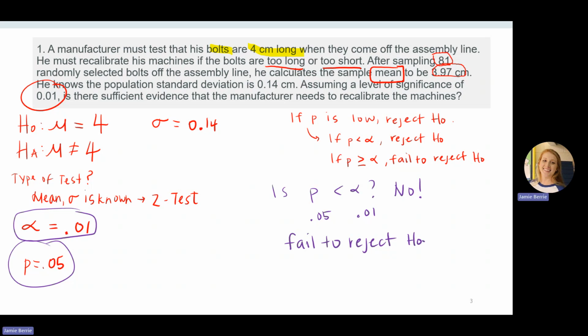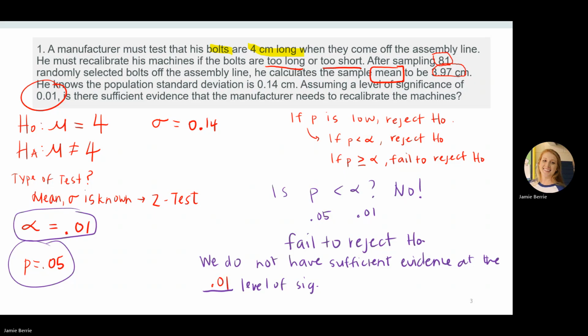If you remember that little template sentence, I'm just kind of winging it. I don't have it sitting in front of me, but it was something like this. We do not have sufficient evidence at the, and then we had our first blank, level of significance. So our blank we're going to fill in with 0.01. That was our alpha level.